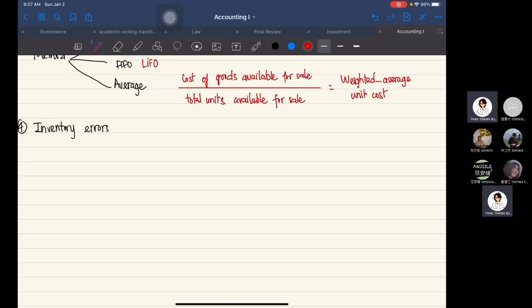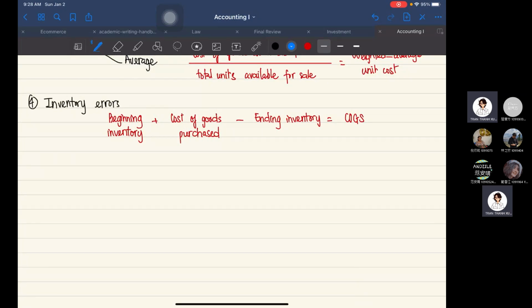We have beginning inventory plus cost of goods purchased minus ending inventory, which equals the cost of goods sold.